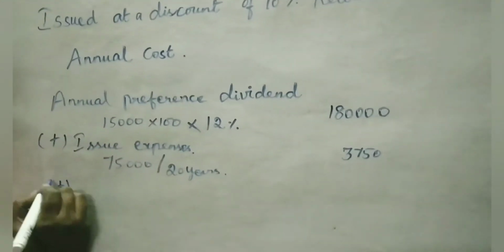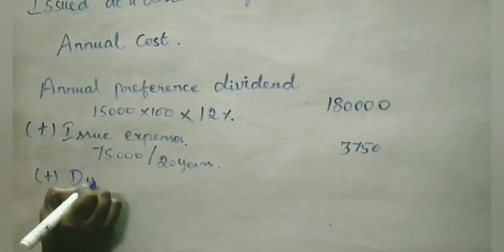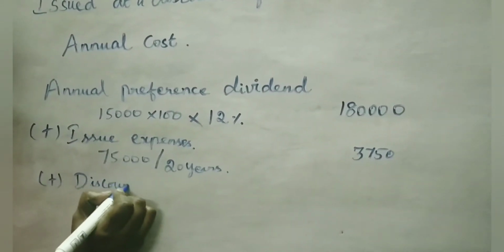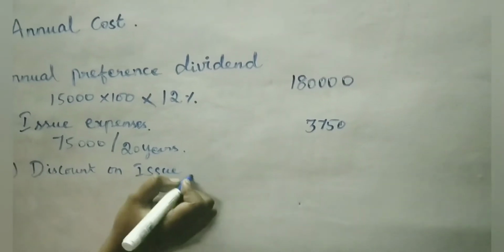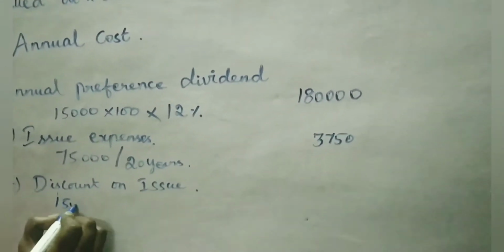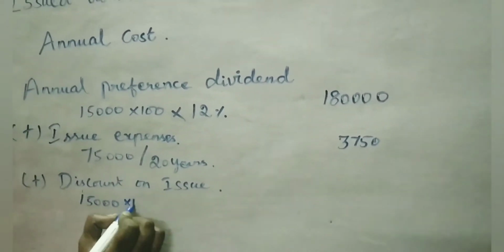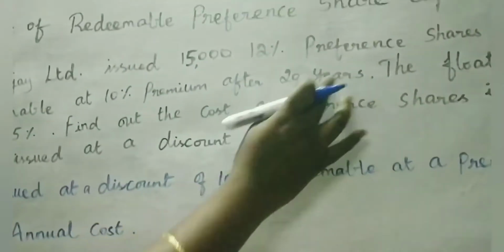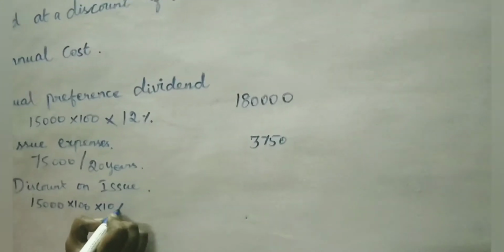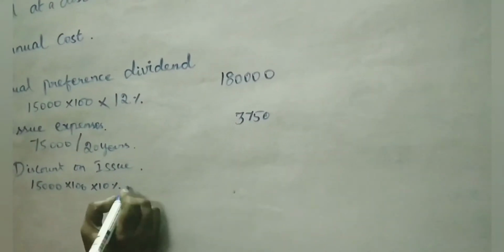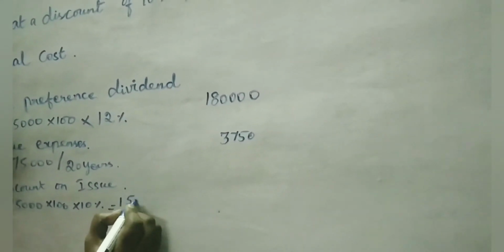So add discount on issue. Discount amount, face value is 15,000 into 100. Issue at discount 10%. So the amount is 1,50,000.